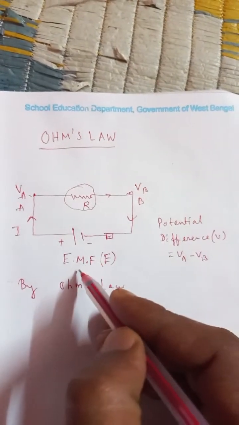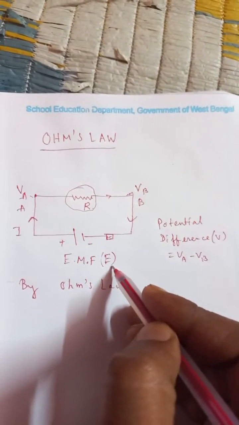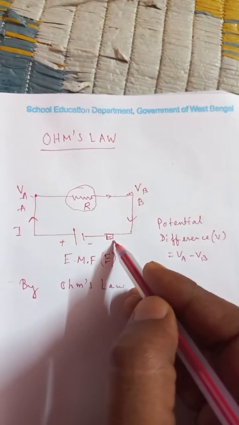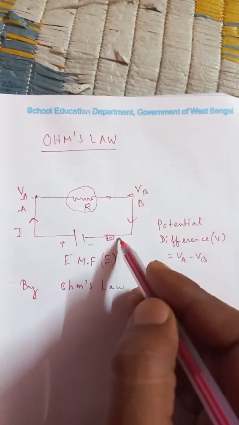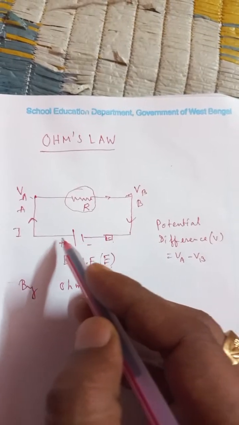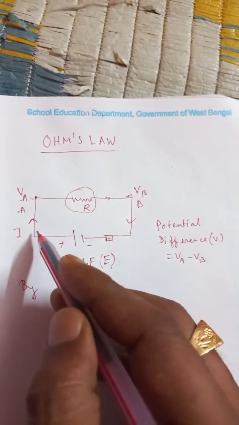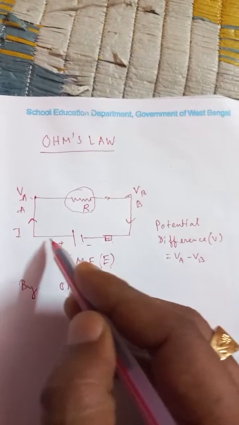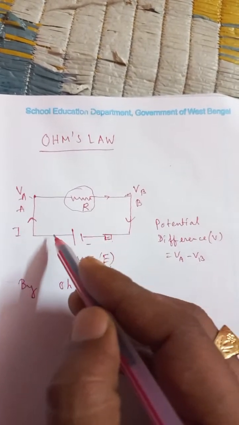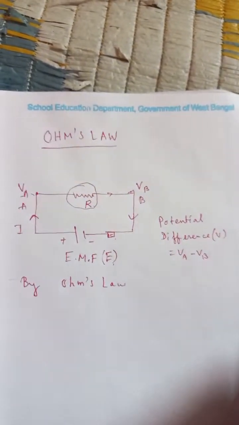For this electromotive force, and here is a key for switch on and switch off. So the current flows from the positive side to the negative side, in clockwise direction.